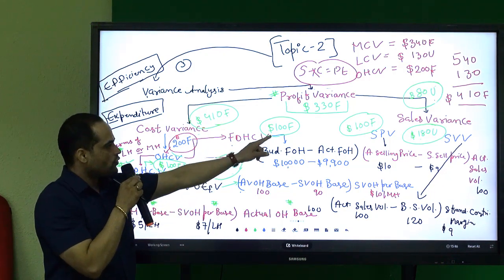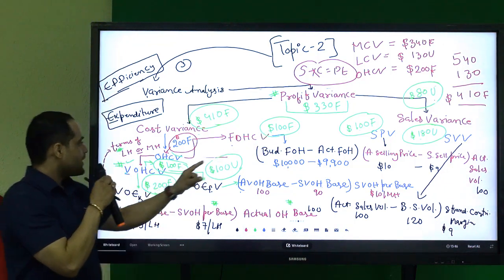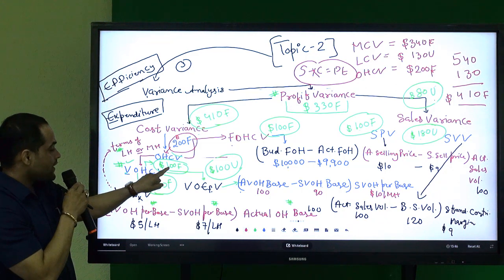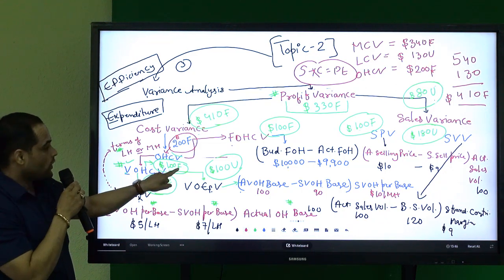So this is my fixed overhead cost variance. My fixed overhead cost variance is 100, and my variable overhead cost variance is 100 as well.